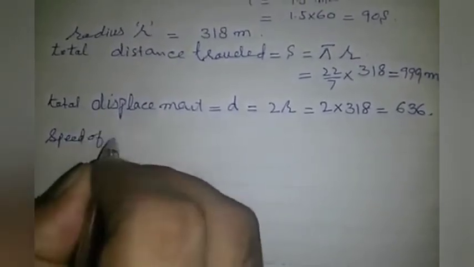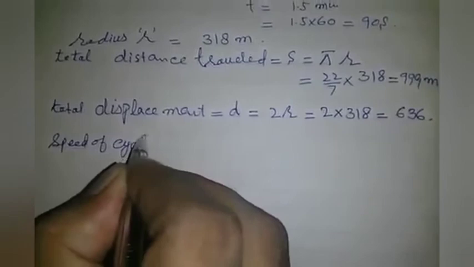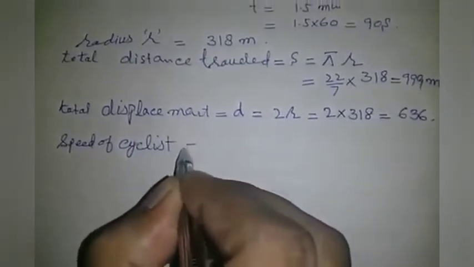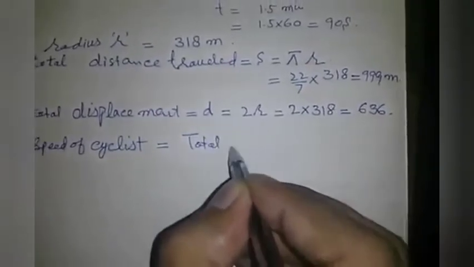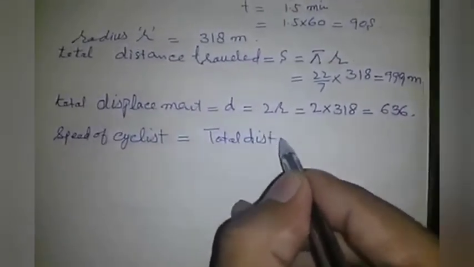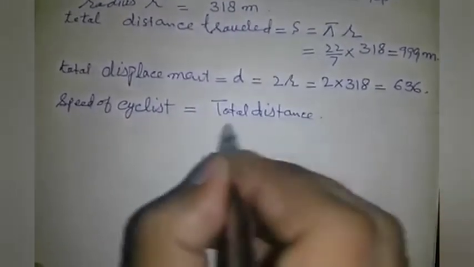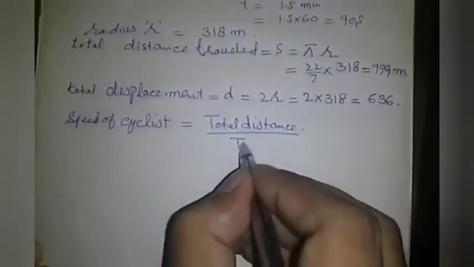Speed of cyclist is equal to total distance over time.